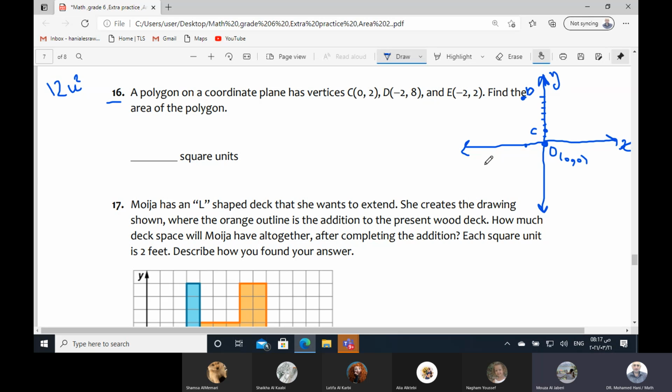Mister, I agree with Nara. Mister, Shamsa, I agree with Nana.